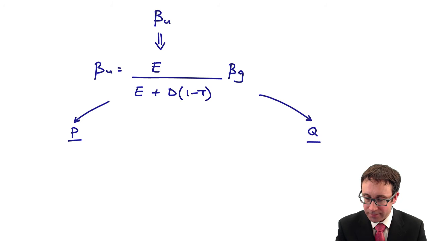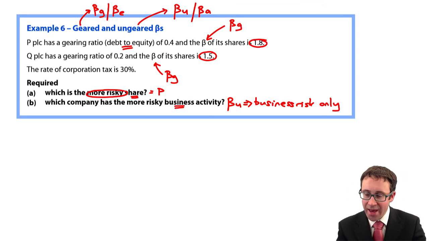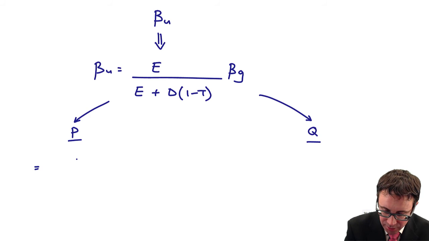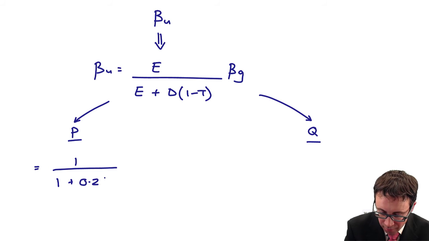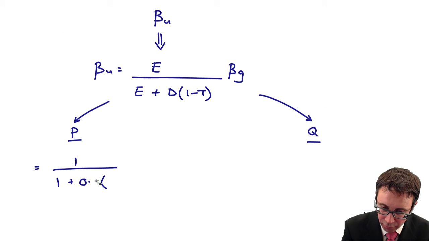So what have we got? For company P, it says that beta is 1.8 and the debt to equity is 0.4. So the equity, if that is, say, 1, then the debt is 0.4 of that figure.